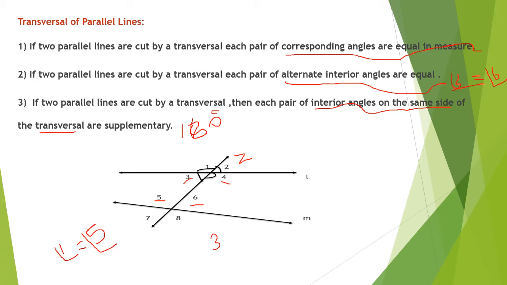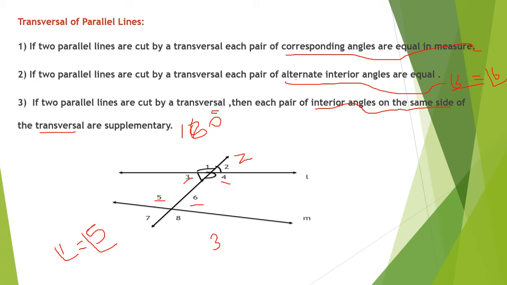So they are saying if you add the interior angles on the same side of the transversal, here what are the interior angles on the same side? 3 and 5. So when you add angle 3 plus angle 5, it will be equal to 180 degrees, because the interior angles on the same side of a transversal are supplementary.